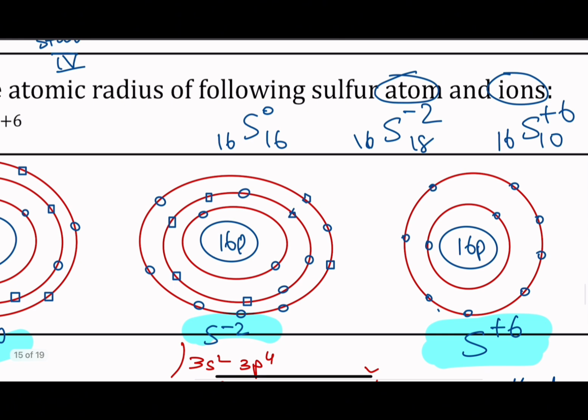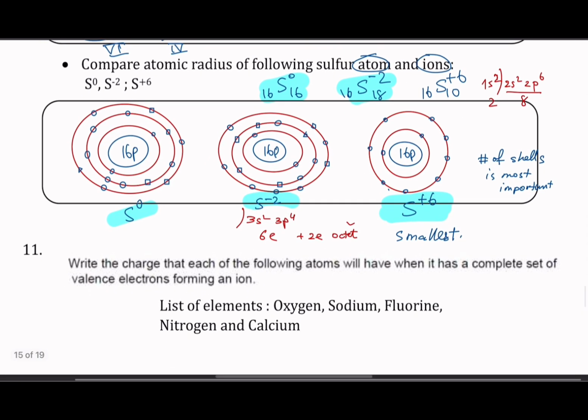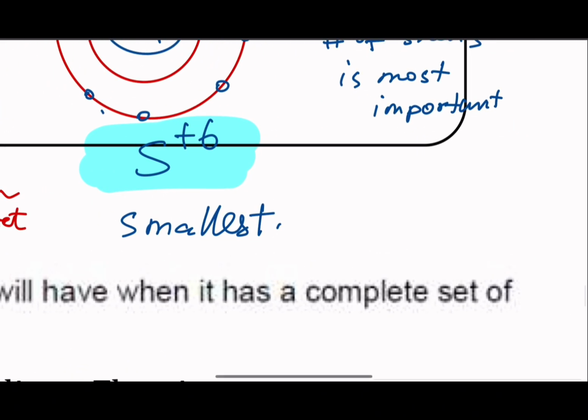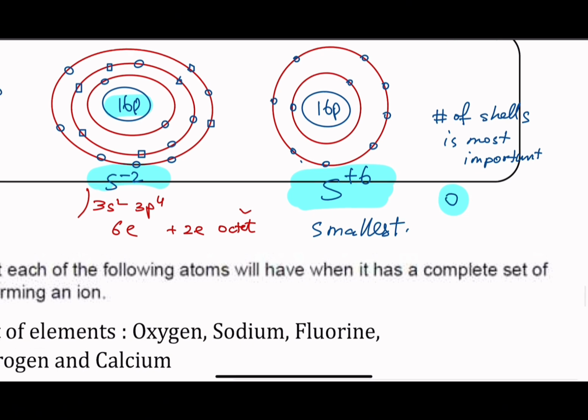So S with charge 0 has 16 electrons. S with charge of negative 2 has 18 electrons. Now, there is no effective nuclear charge difference because we're talking about the same element. So they have the same number of protons, right? Their protons did not change, but the number of electrons changed. So we know in this case that negative charge and negative charge, they push away each other.